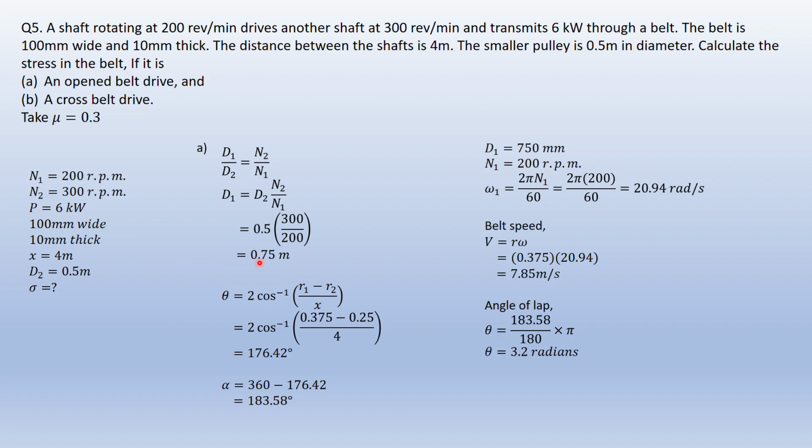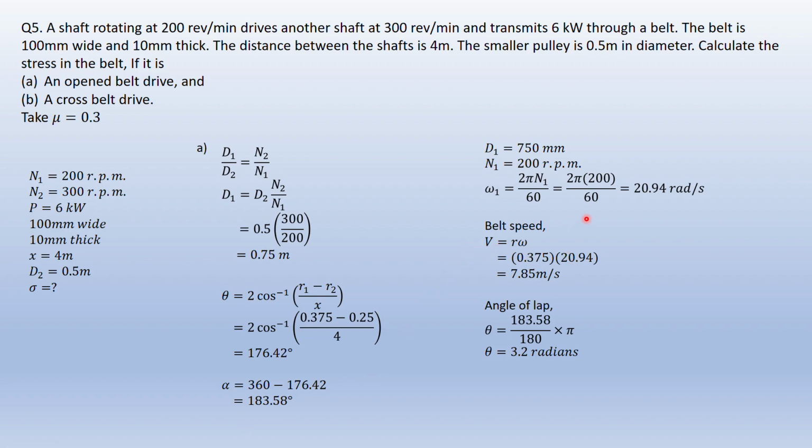So you have D1 as 0.75 meter. Then you can find out the angle of lap straight away. That is 176.42. That means you can use this for the open belt drive. You don't have to work out this, okay?